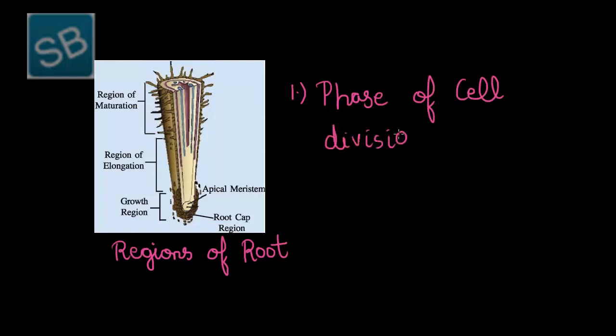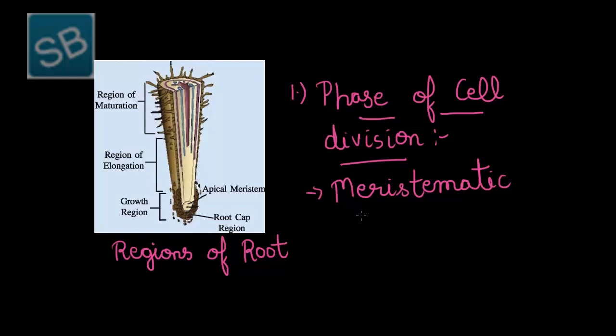Let us understand the first phase, that is the phase of cell division. As said earlier, the division of cells, that is repeated multiplication of cells, occurs mainly in the meristematic tissues present within the shoot apex and root apex.